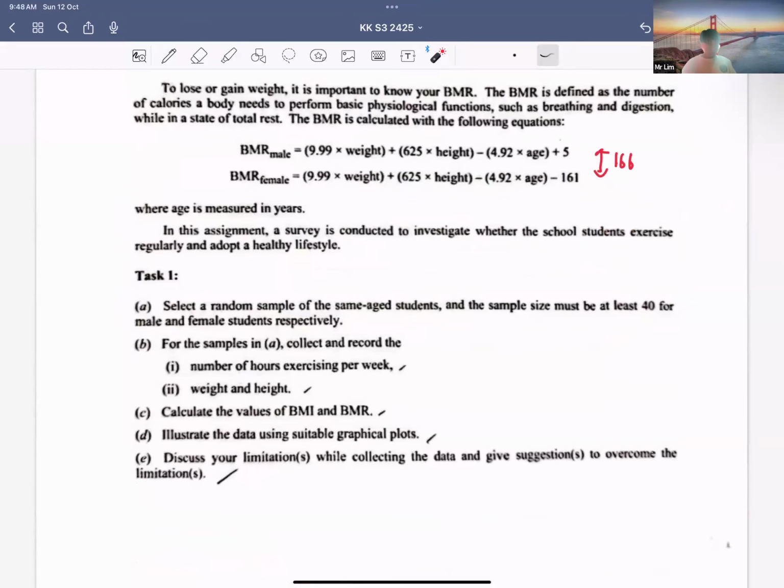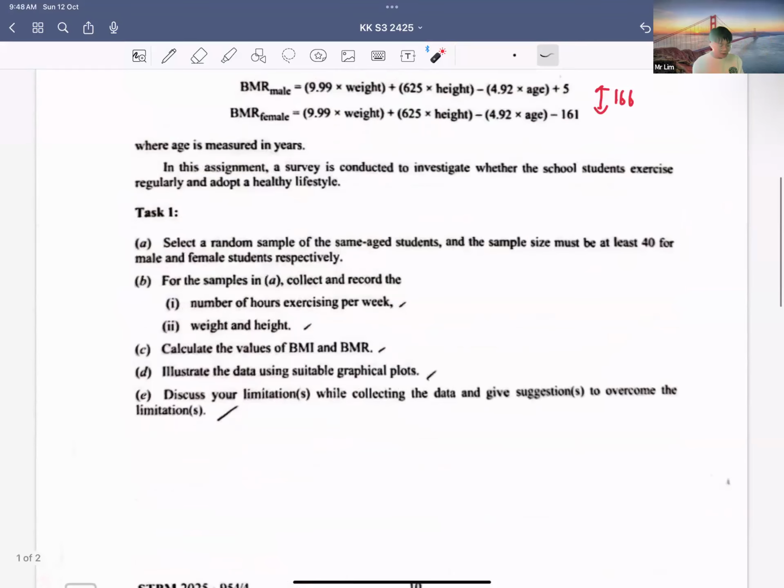All right, so let's talk about task one, the easiest one. Select a random sample of same-age students, and the sample size must be at least 40 for male and female students respectively. I think some of you chose a minimum of 40, and you can choose 50, like what I'm going to show you later.